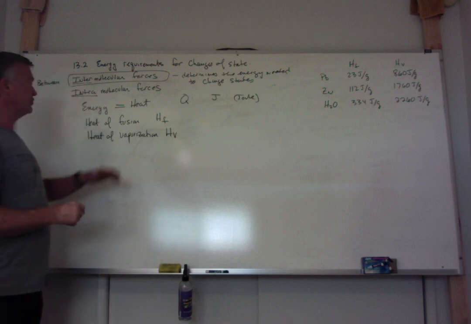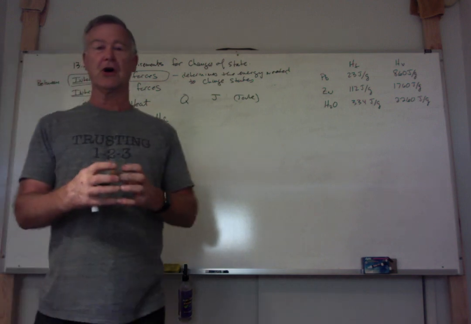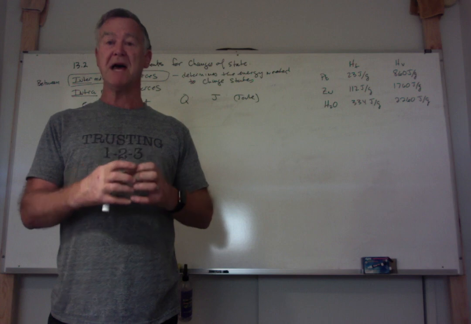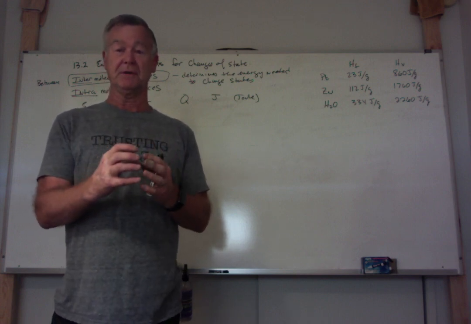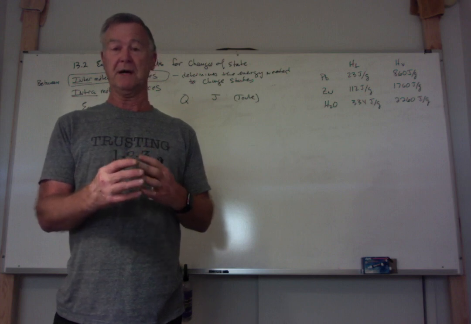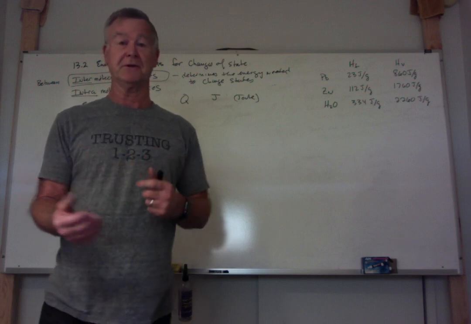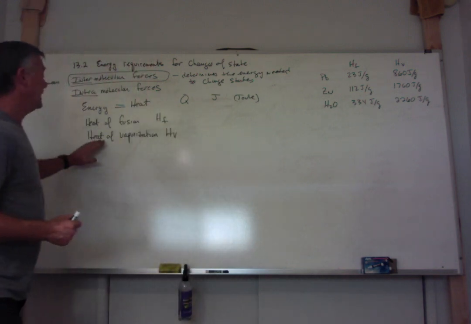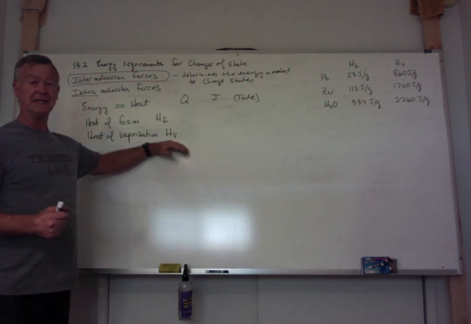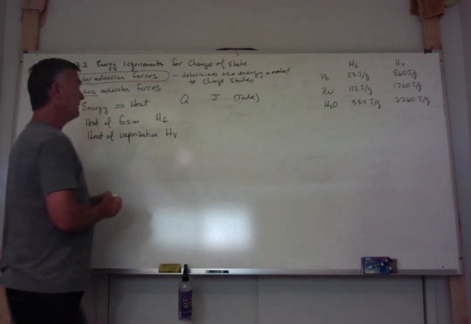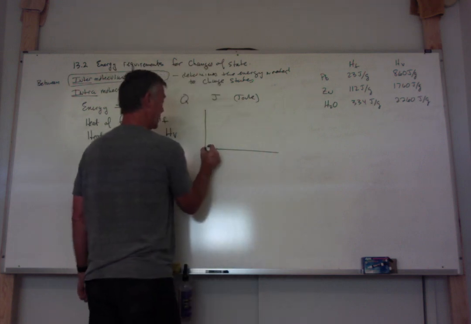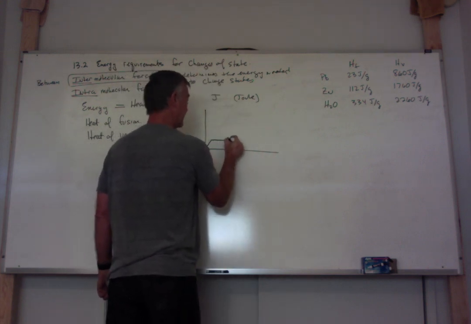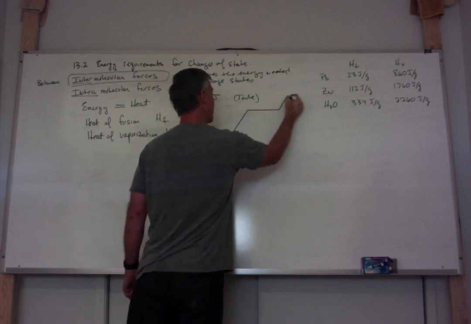The heat of fusion is the heat required to totally melt a certain sample of material, whatever substance we would have. And heat of vaporization is total heat needed to totally vaporize it. Do you remember this graph from last one? We have ice, and then it goes up like this.